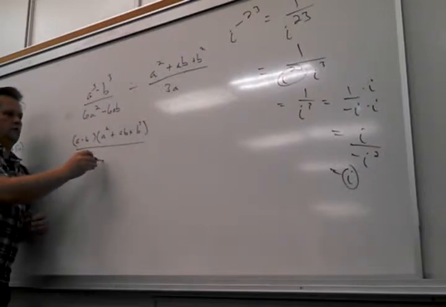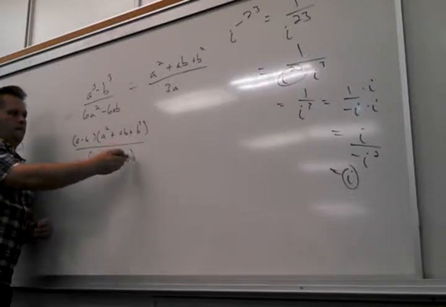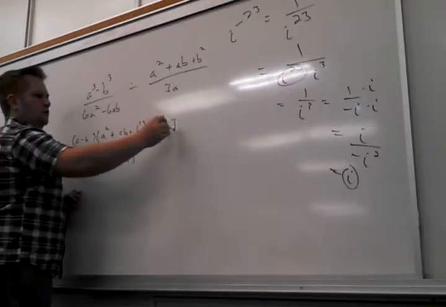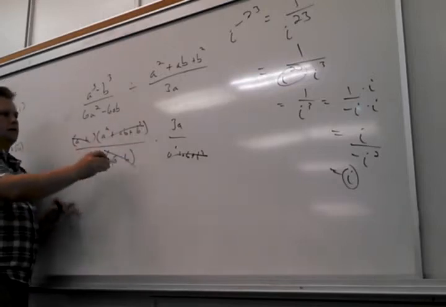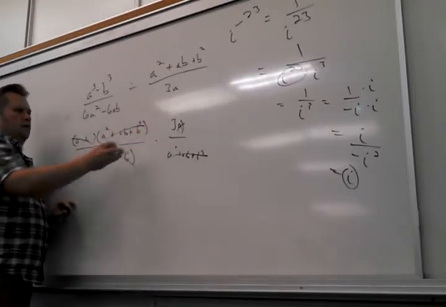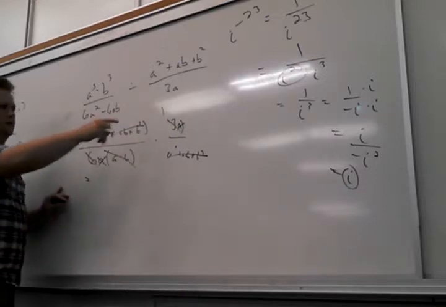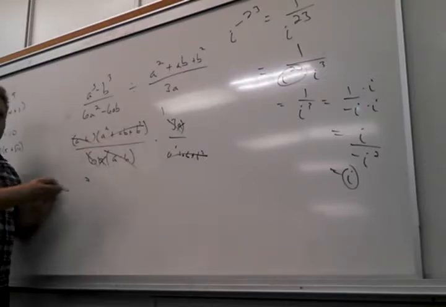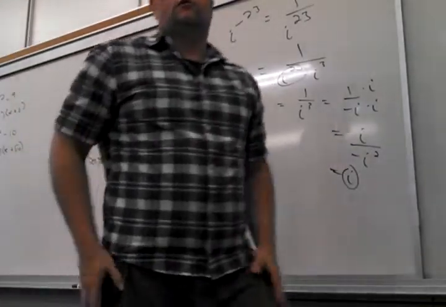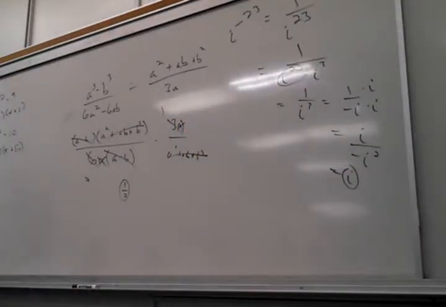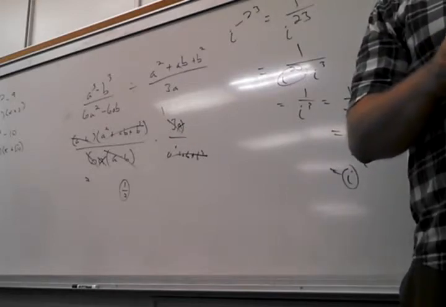Pull the 6a out from the bottom: 6a times a minus b. Times 3a over a squared plus ab plus b squared. That dies, that dies, that dies. Basically it becomes 1 on top and 2 on the bottom. So the only step left alive is 1 over 2. It's from a while back on a quiz from earlier.